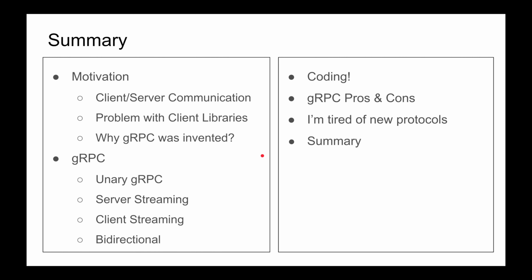Summary. Finally, we're done. How long was that, guys? 3 hours? All right, so we talked about the motivation of gRPC because guess what, guys? There's always a reason of doing anything. And if you have a technology, and I always struggle with this question, the first question I ask myself if I see a new technology is, why is it available?